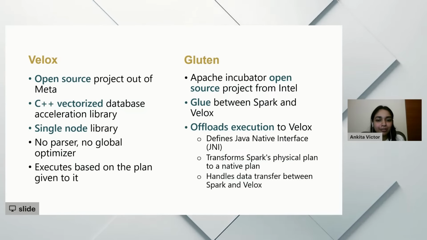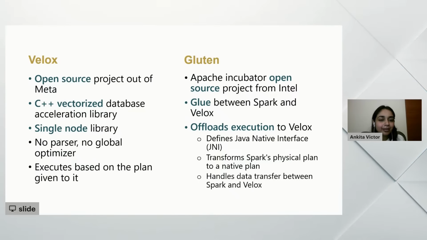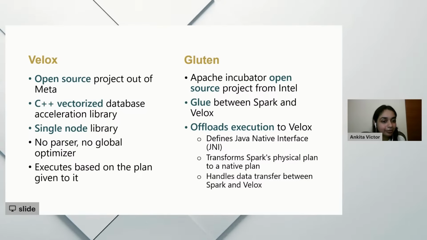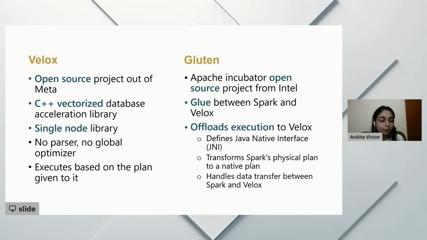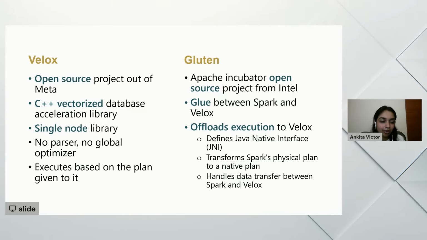You can think of Gluten as this middle layer that orchestrates this dance between the scale out abilities of Spark and the raw execution power of Velox. What Gluten does is it takes in instructions from Spark, and it offloads this execution to Velox.